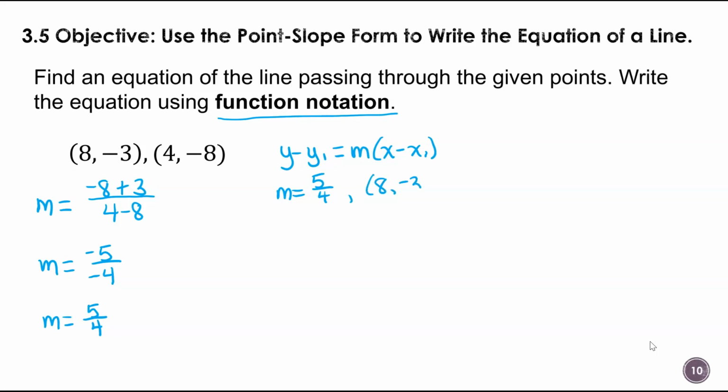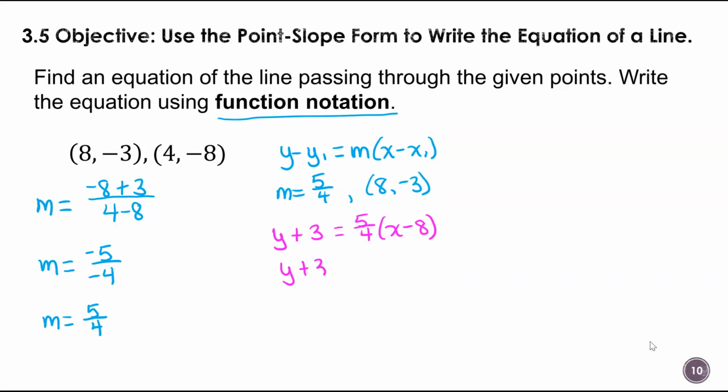It doesn't matter which one. Okay. And so into our formula, we'll put -3 for the y. So that's going to be a +3, right? Minus -3. Then 5/4 for the slope. And x minus 8.